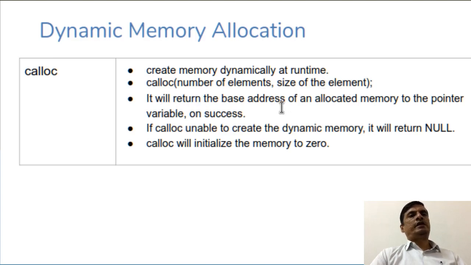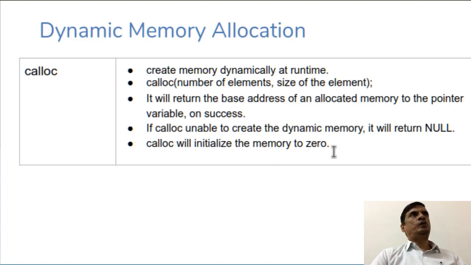It will return the base address, the same as malloc, but the only difference is, as we discussed earlier, that malloc will not initialize, whereas calloc will initialize the memory to 0. So you feel the difference.